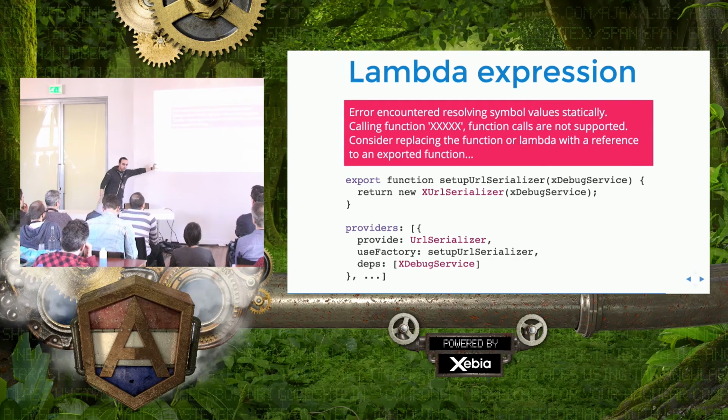So this is the right approach. Inside the use factory, usually you are using a lambda function. Instead of doing this, you should do this new approach: export the function and then use the reference inside.